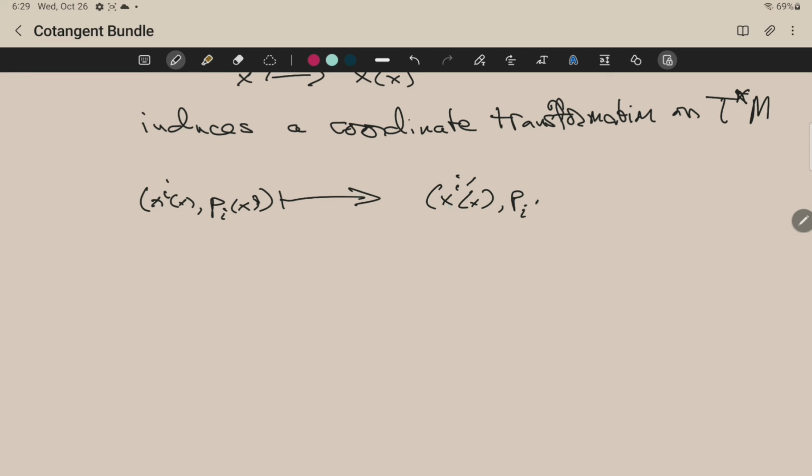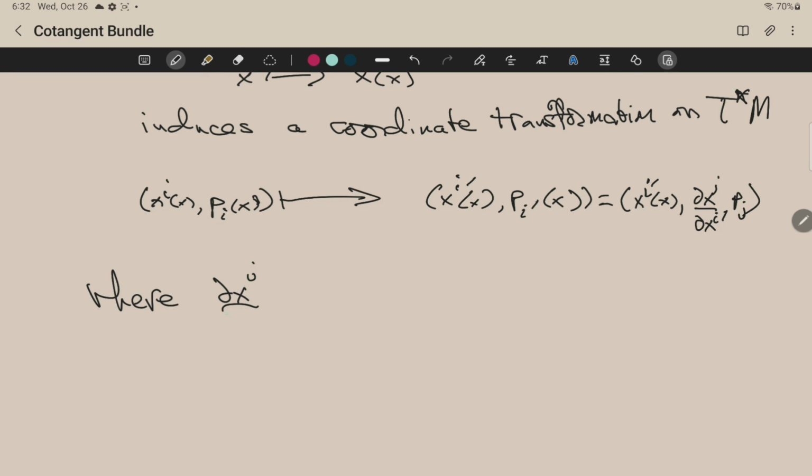At the manifold level, you get x^i going to x^i prime, and then the momentum gets mapped to p_i prime. The way the transformation goes is, since the index is downstairs, the p_i transforms like the basis for the regular vector.